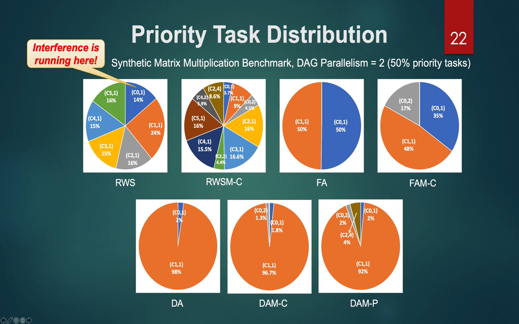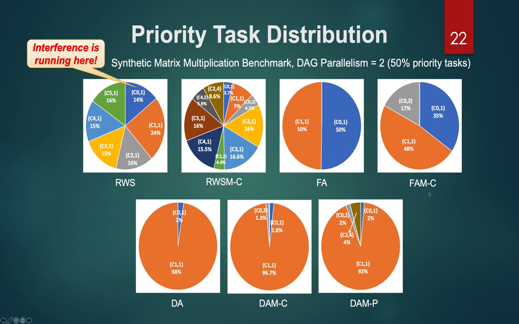And for random walk stealing plus modability it is 8.2%, which is 3.7% plus 4.5%. While in fixed asymmetry and fixed asymmetry plus modability, the percentage is much improved. All priority tasks execute on the faster Denver cores, but fixed asymmetry is not aware of interference, since it is half and half on each core.